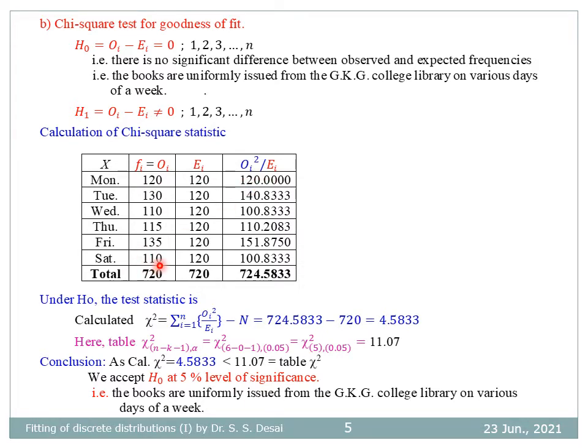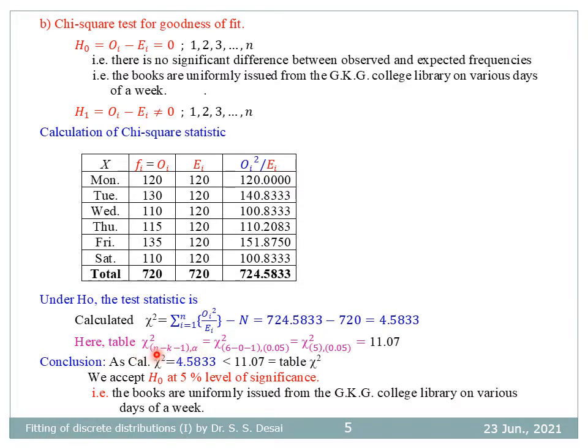Similarly here 110 square divided by 120 is 100.83, and the sum of such divisions is 724.58. So here n is 720 and summation of Oi square by Ei is 724.58, and therefore the calculated chi-square is the difference between these two, which is 4.5833.